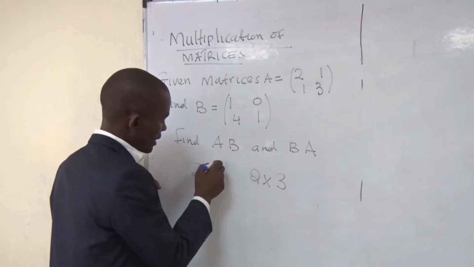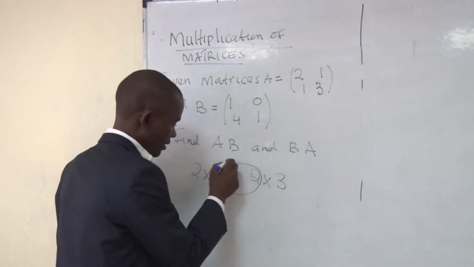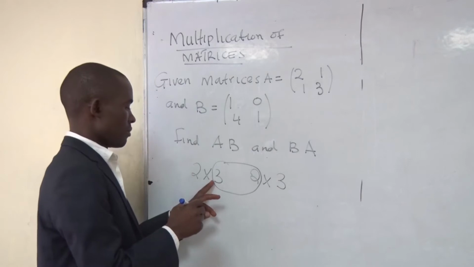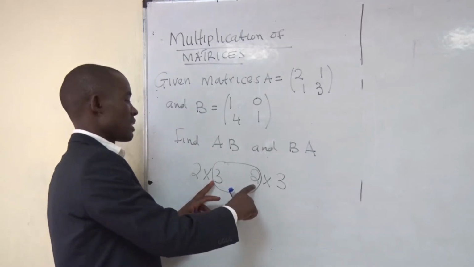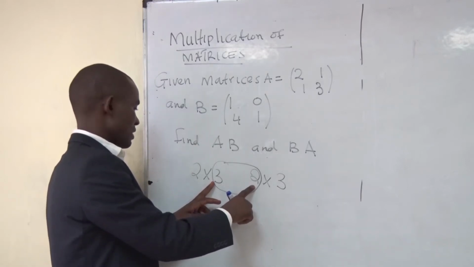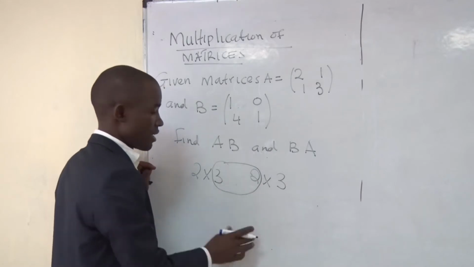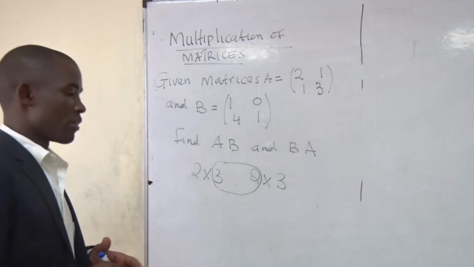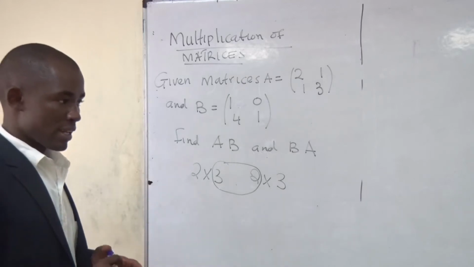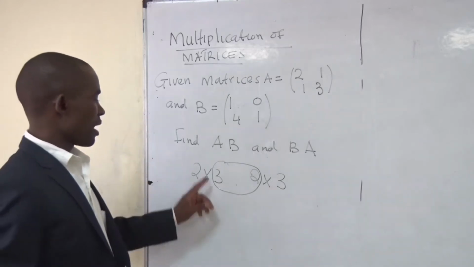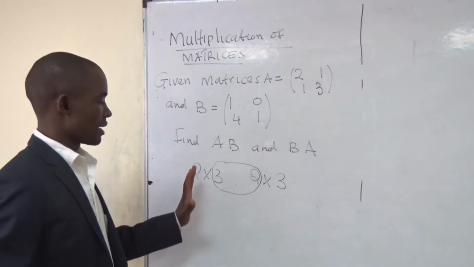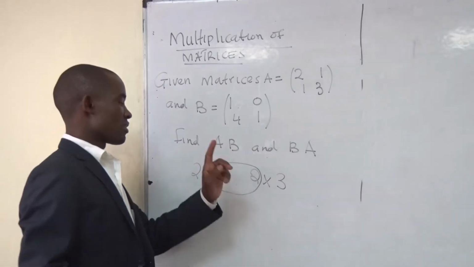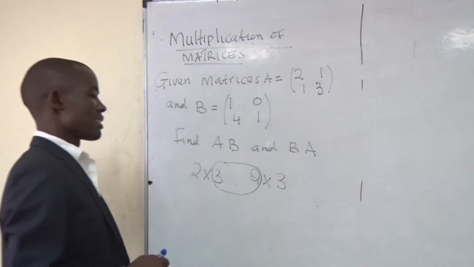You need to look at the second column of the first matrix versus the first row of the second matrix. If they are not the same, these matrices cannot be multiplied. So I'm saying if two matrices have to be multiplied, then the number of columns in the first matrix must be equal to the number of rows in the second matrix.